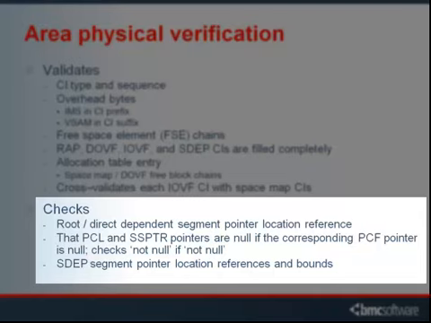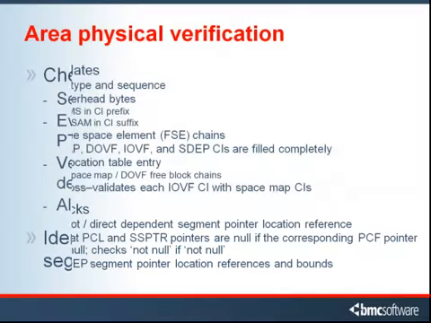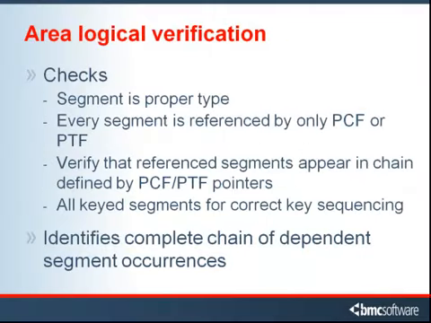That each pointer to a sequential dependent segment references a location within the sequential portion of the area, and that the complete 8-byte pointer references a position within the valid logical bounds of the sequential dependent portion of the area.